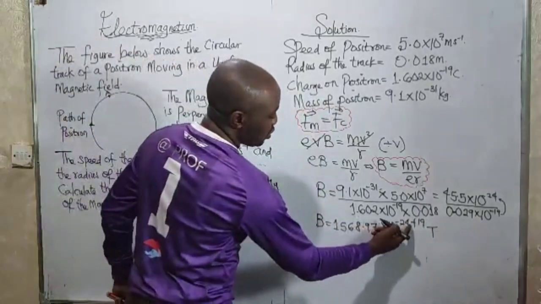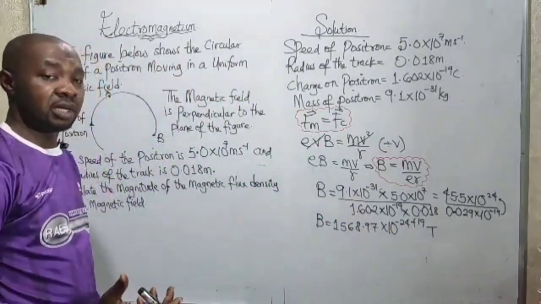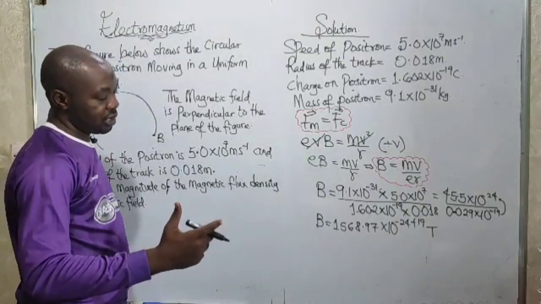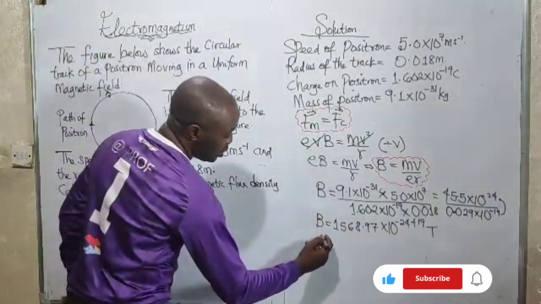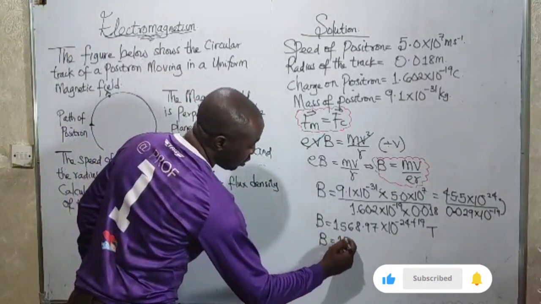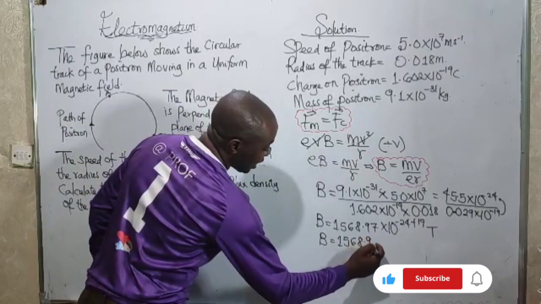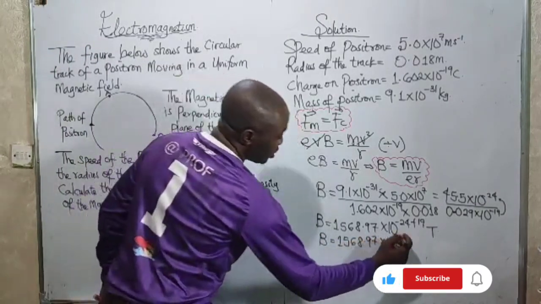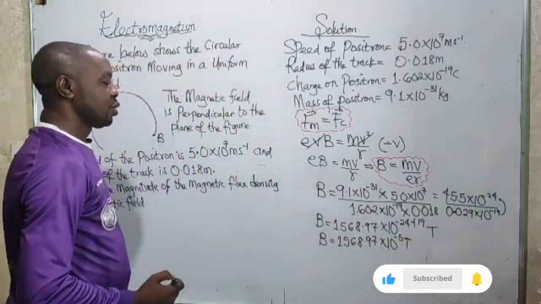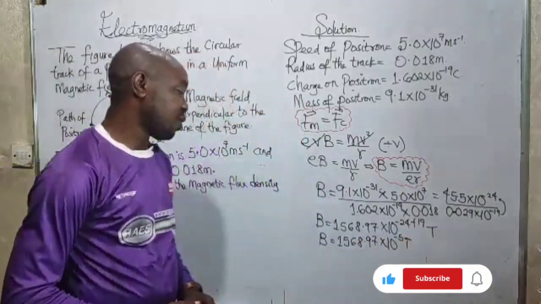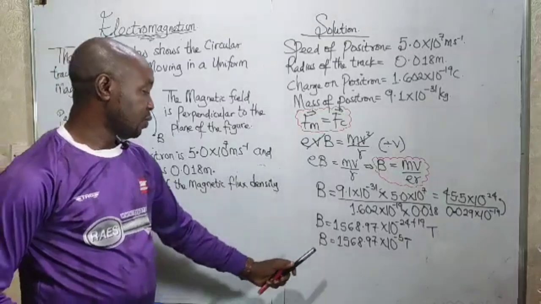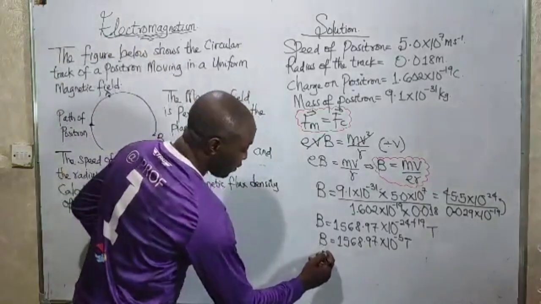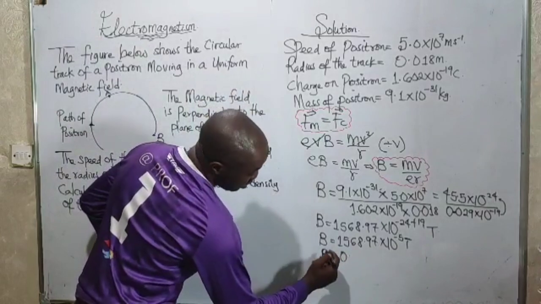Minus 24 plus 19 is negative 5. So B will be 1568.97 multiplied by 10 raised to the power of negative 5 Tesla.